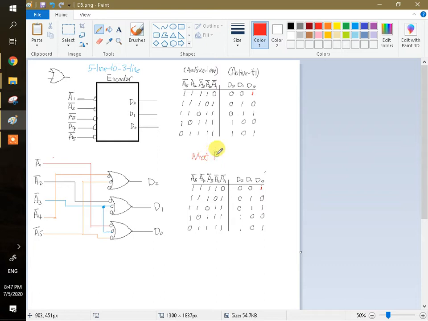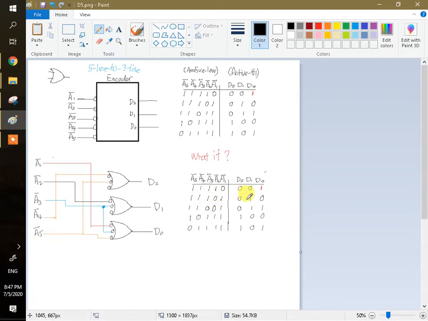What if the user inputs two 0s here? Let me erase this first. If the user inputs two 0s here, what will be the output?